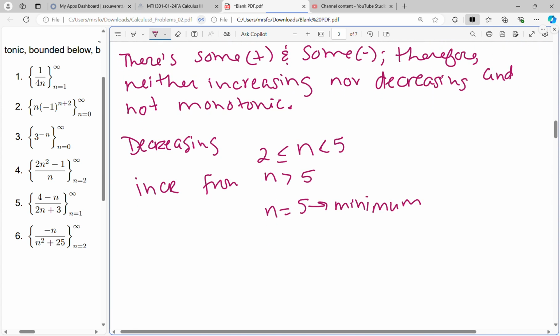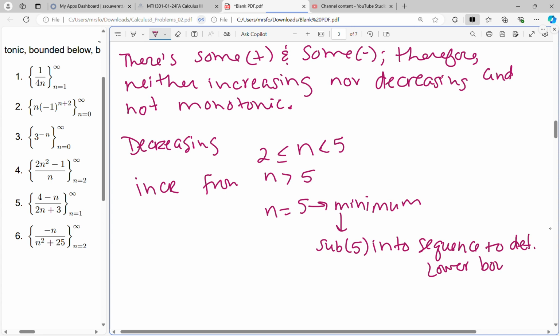So if n equals 5 is the minimum, we can find the lower bound by substituting 5 into the sequence to determine the lower bound.